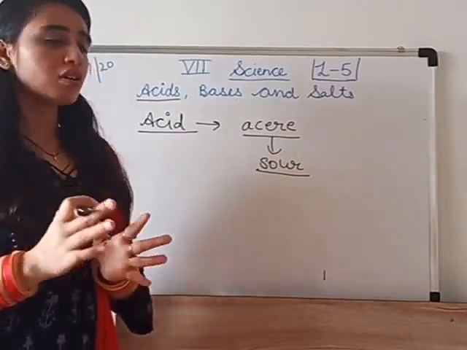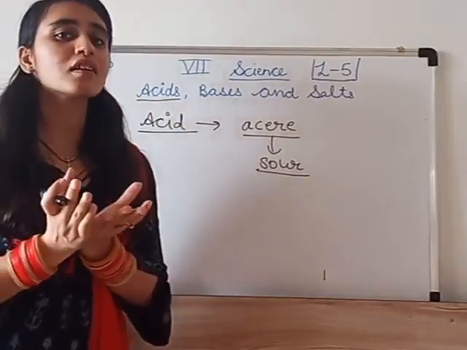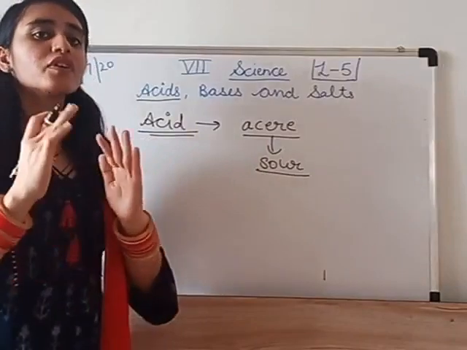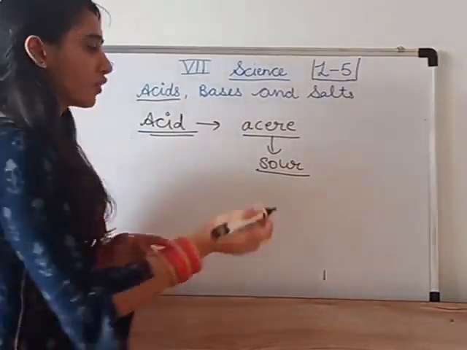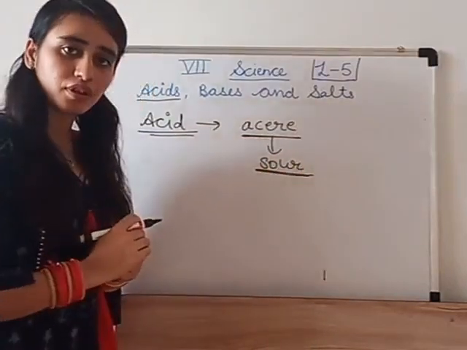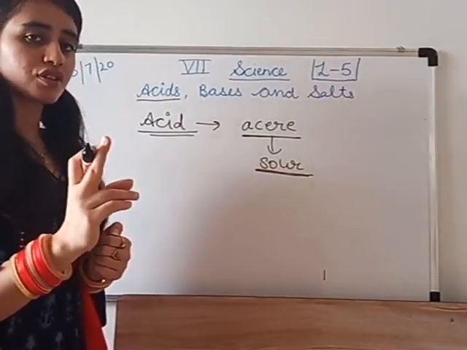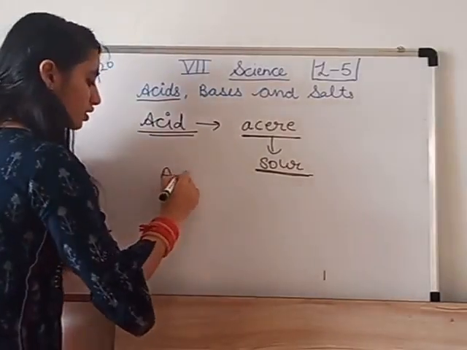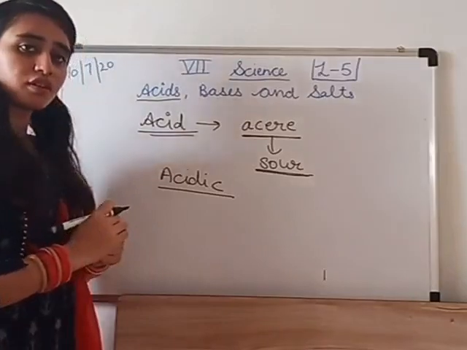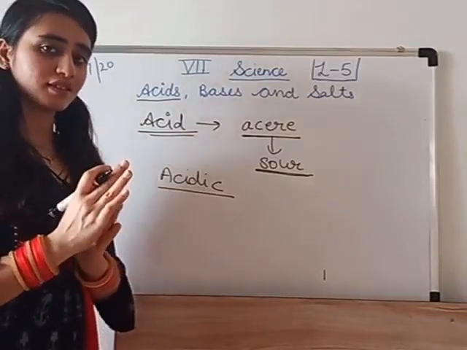Understood? So these substances are acidic in nature, and acid is derived from the Latin word acere, which means sour. According to its chemical nature, acid is known as acidic.